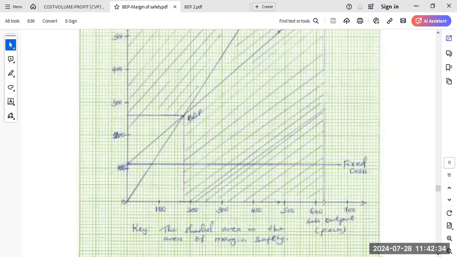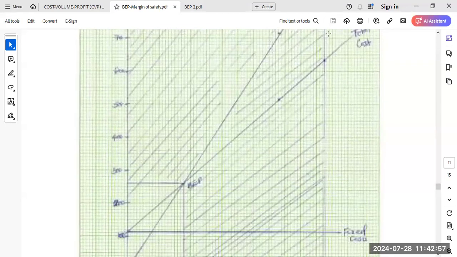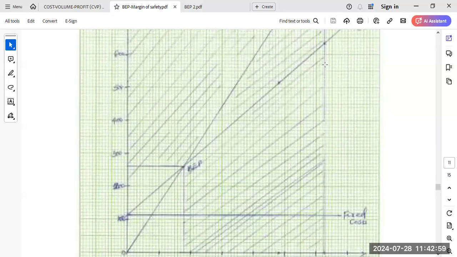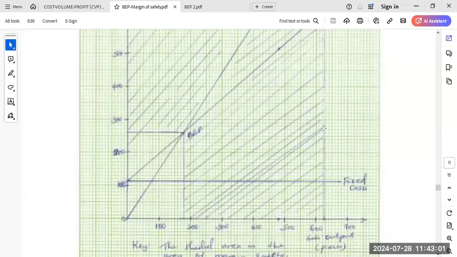Now, of course, you will be asking yourself what 1 unit represents. If you have used the scale, you will need to know what 1 unit represents. So, approximately my 625 is here. I put a vertical line to represent my level of output.